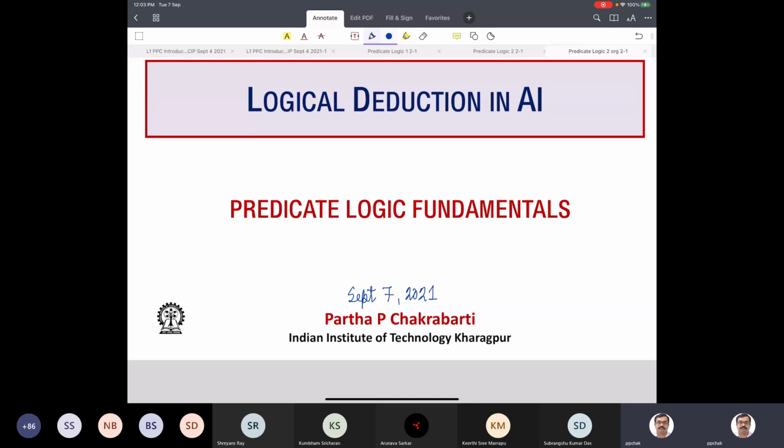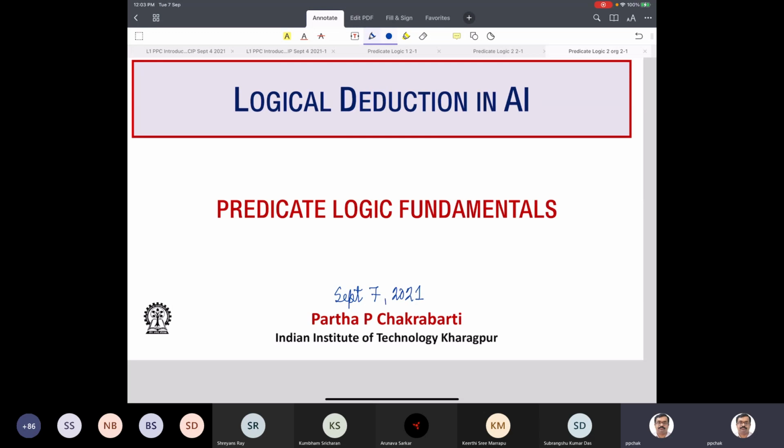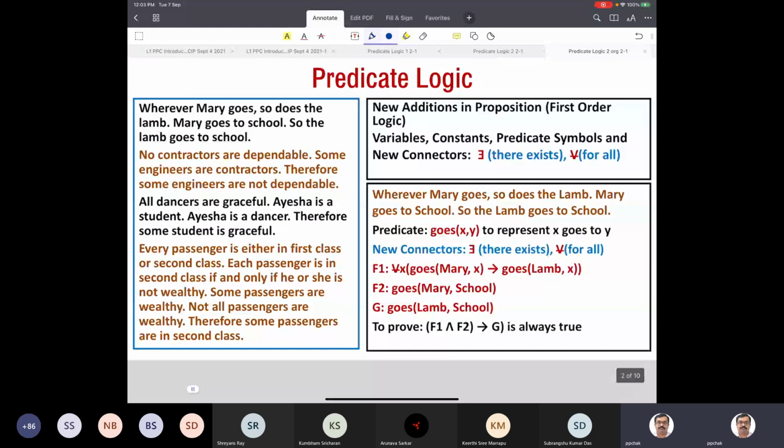Good afternoon, everybody. We will continue our discussion on predicate logic, which we had started yesterday. In predicate logic, we noticed that we have been adding a few things from propositional logic, which makes it much more effective for us to represent and solve several problems.